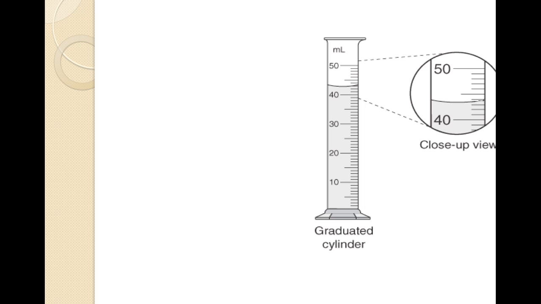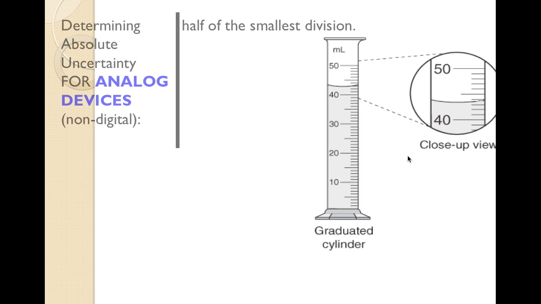Now let's take a look at this graduated cylinder. Let's determine the absolute uncertainty for analog devices. Now, analog devices are non-digital devices. So pretty much the rule is half of whatever the smallest division is in your measuring device, that is your absolute uncertainty. So let's take a look over here and notice this is 41, 2, 3, 4.